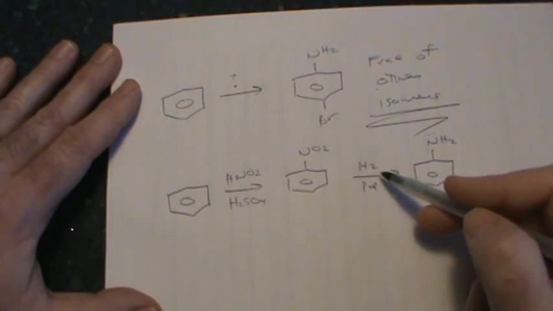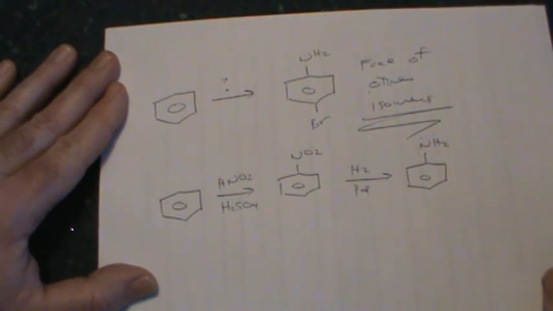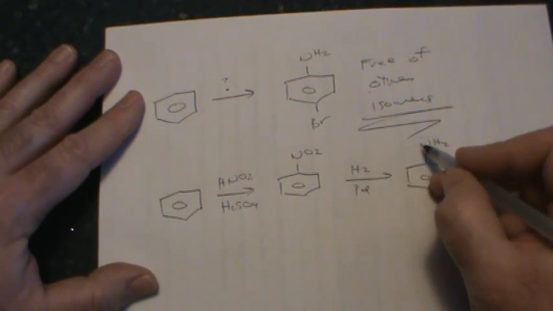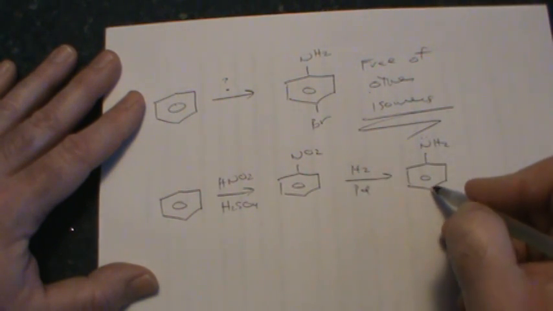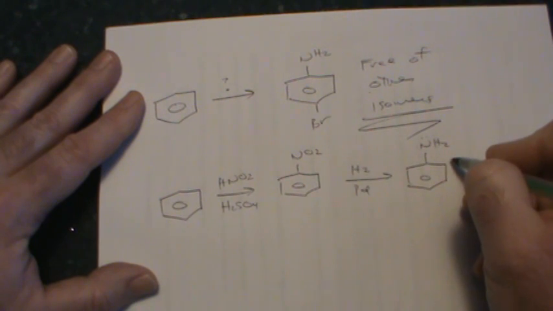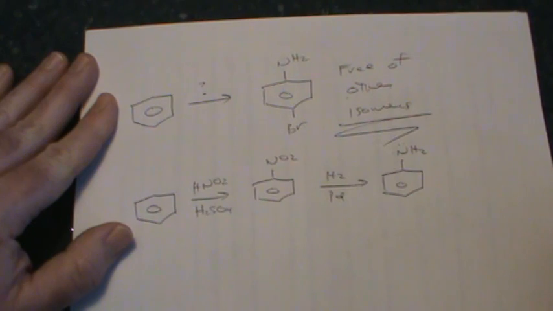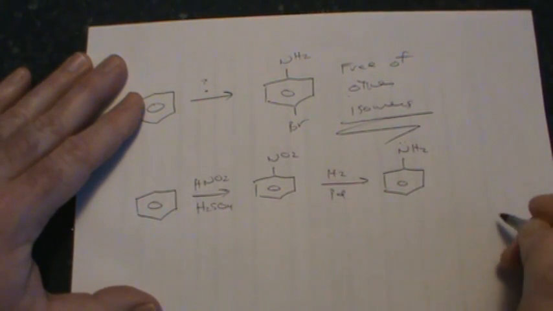For reduction of the nitro group, we use H2 palladium. Now, we talked about this being a powerfully activating group. If I try to brominate right now, I'm going to no doubt put some bromine at the para position, no doubt put some at the ortho position, and because it's such a powerfully activating group, I might do both. Unless I rigorously control the amount of bromine I add, I could easily over-brominate.